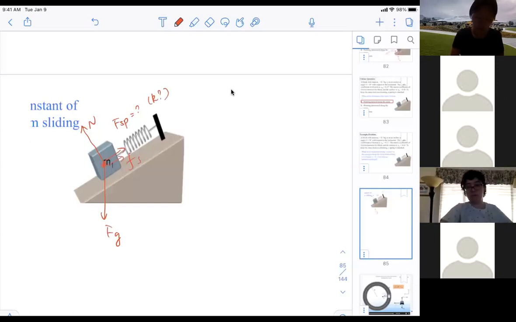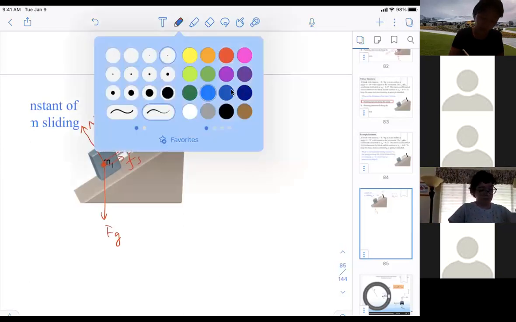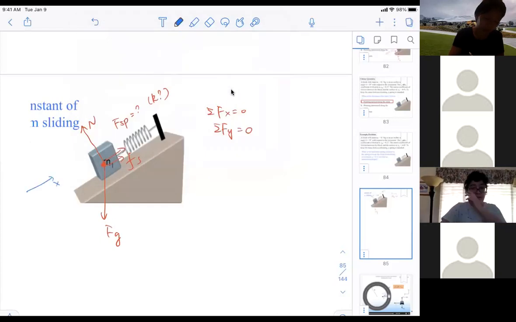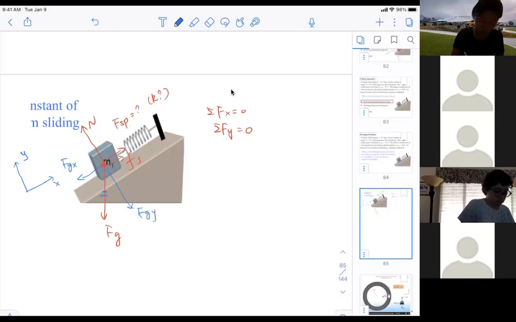To set up Newton's second law in the X and Y direction, all the forces have to be balanced. So let's say this is our X and this is our Y. Gravity, let's break it down into two components: the component pointing down the ramp, the X direction, and a component pointing into the ramp, the Y direction. This is angle theta.